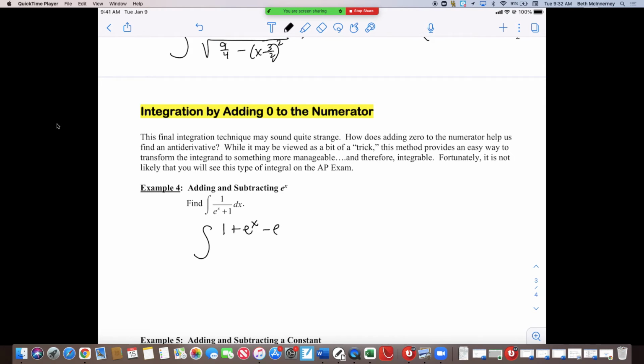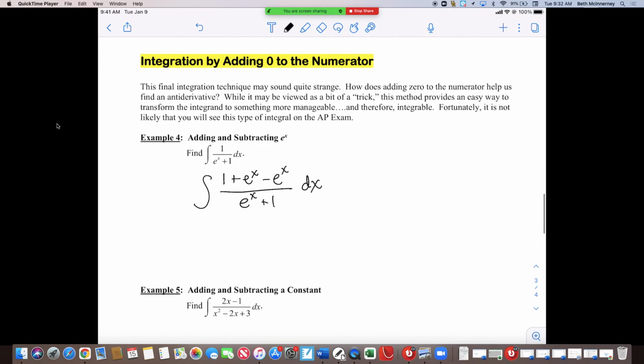So watch this. What if I add and subtract e to the x? So do you understand I've added 0, correct? Now watch this. This is going to blow your minds. Watch what I'm going to do here.